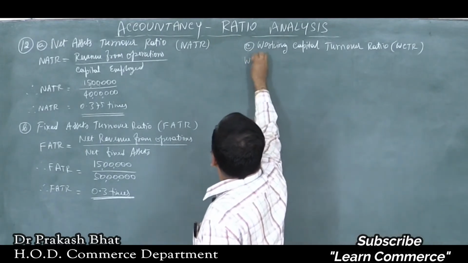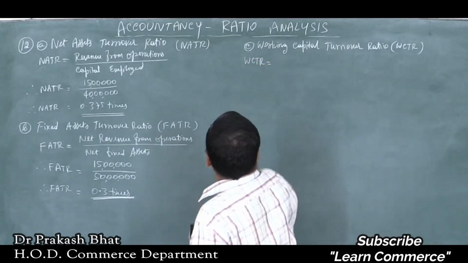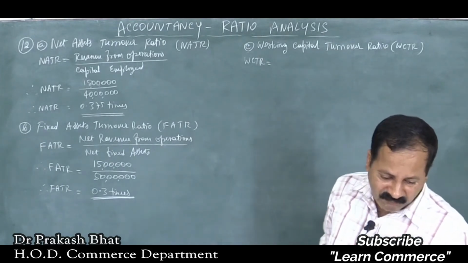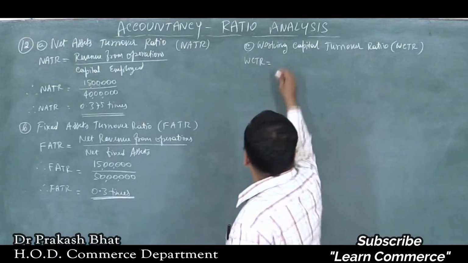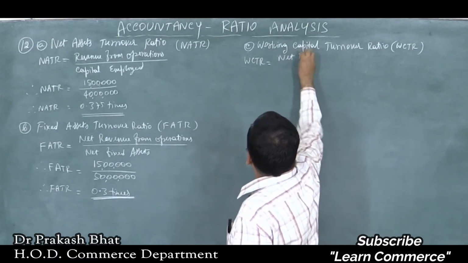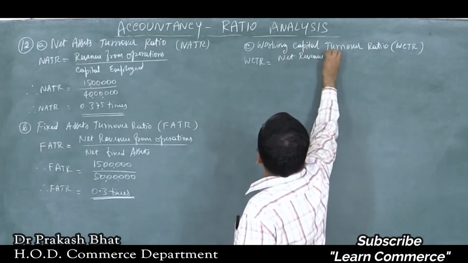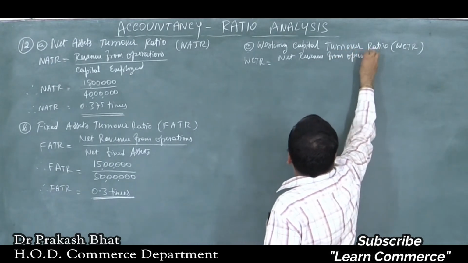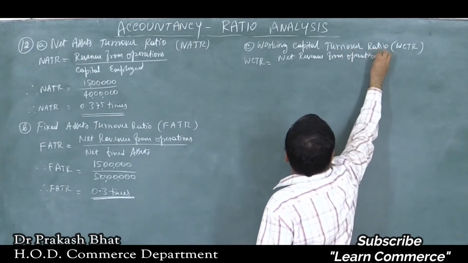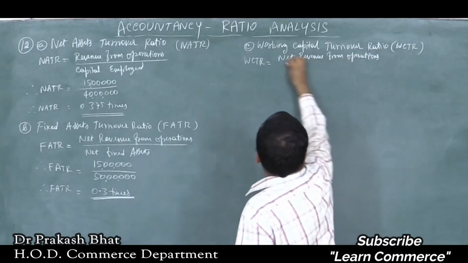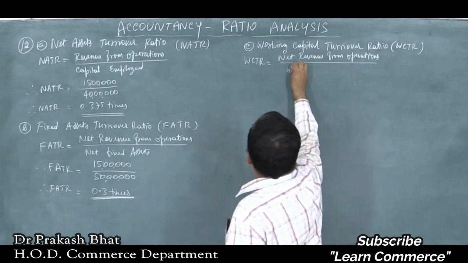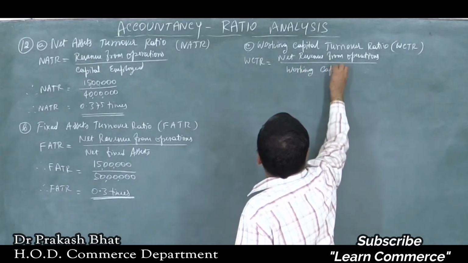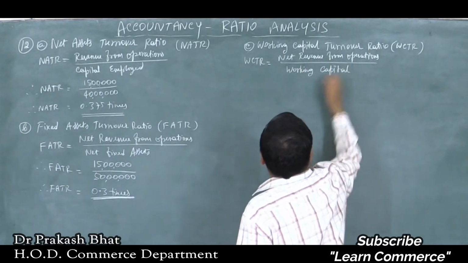WCTR is equal to net revenue from operations divided by working capital.